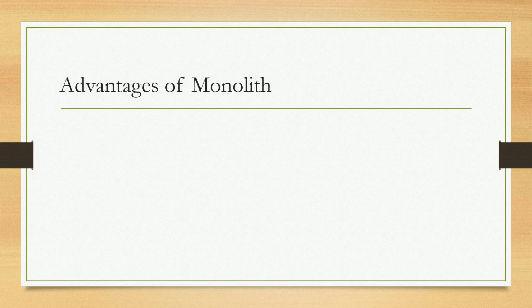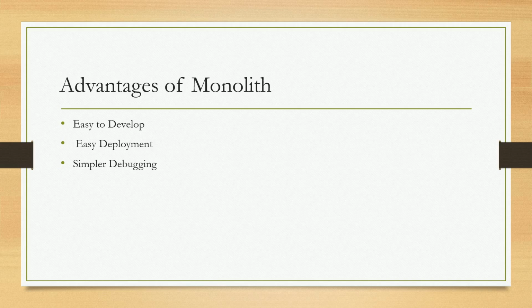What are the advantages of the monolith architecture? In the case of the monolith, it is easy to develop. A single project structure makes development simple. It provides easy deployment. Everything exists in one application. The next one is simpler debugging.